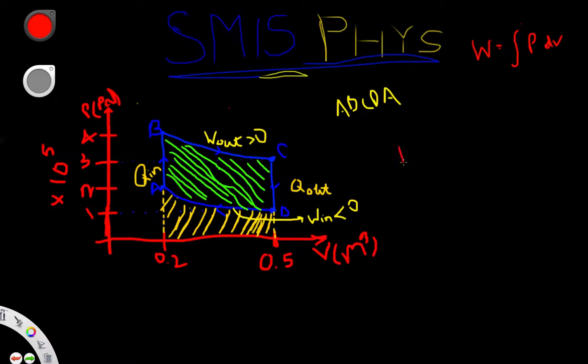Once again, the work done during one cycle, or the total work, is equal to the work done during BC plus the work done during DA.